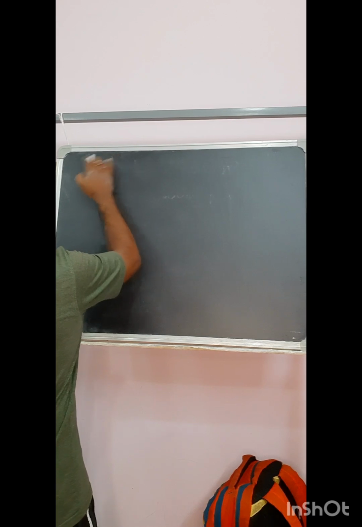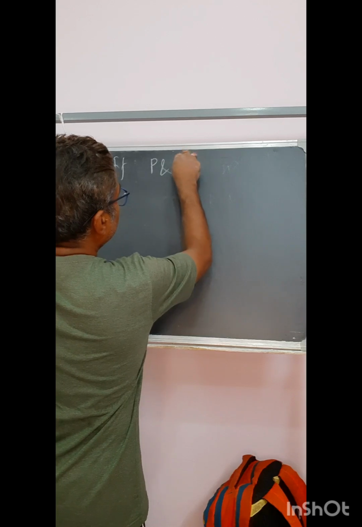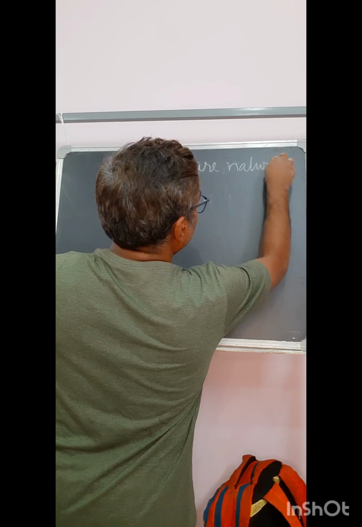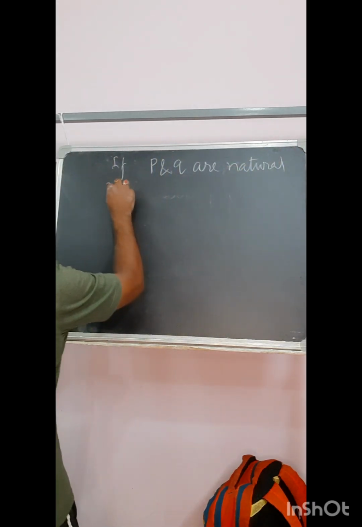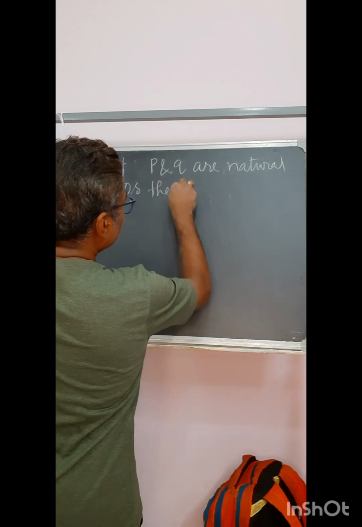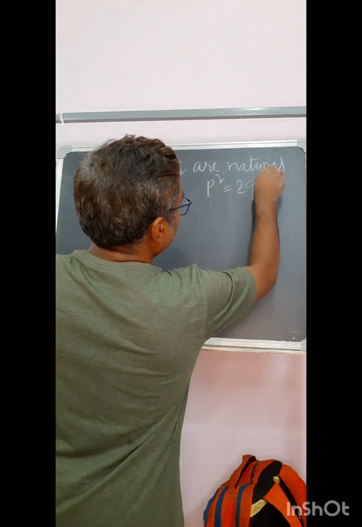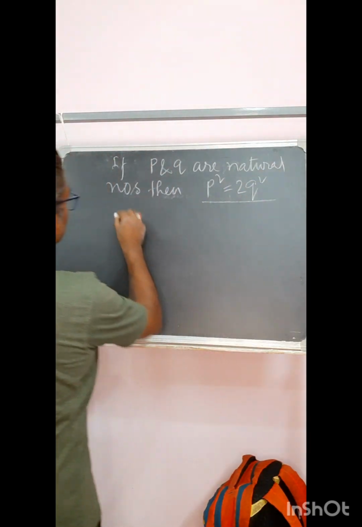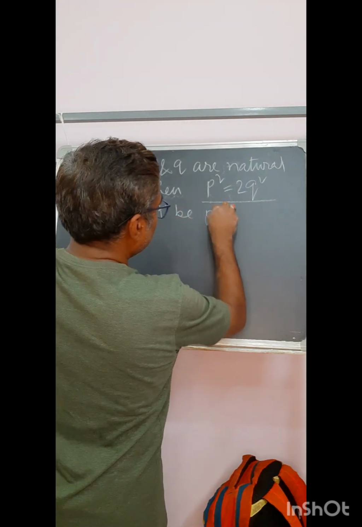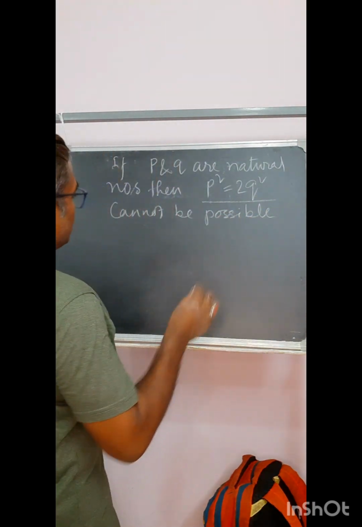It says if p and q are natural numbers, then p square equal to 2q square, this relation cannot be possible.